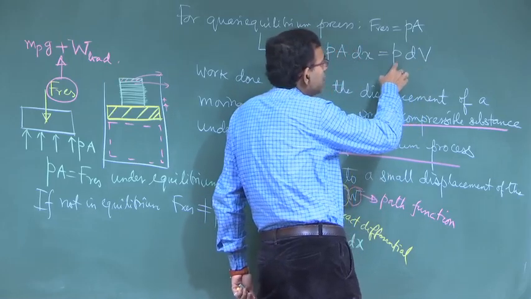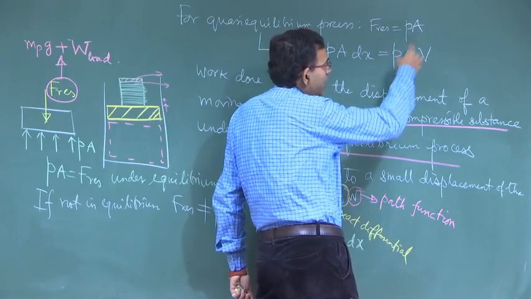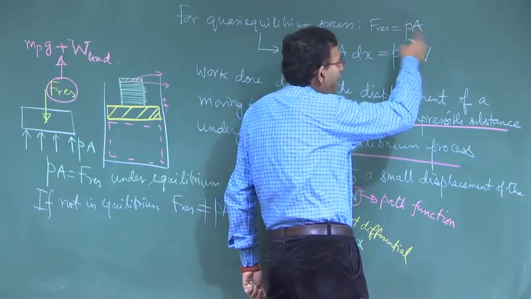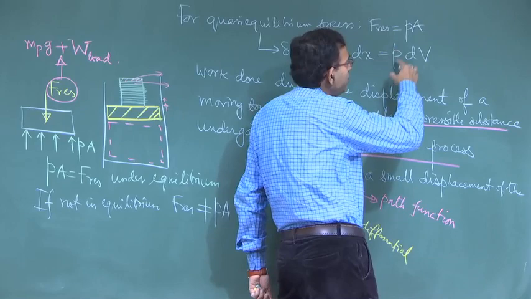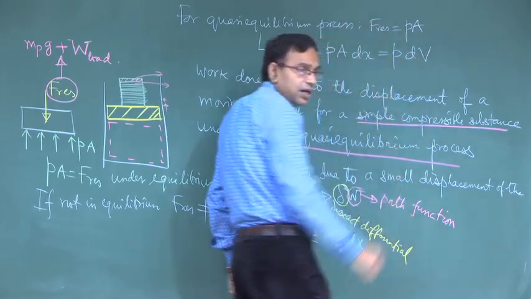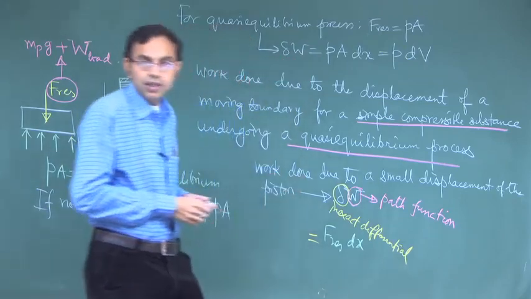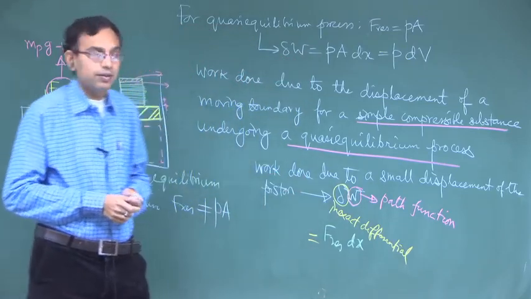So, it does not just matter what is state 1 and what is state 2, but also the path by which you go from state 1 to state 2, that is given by P as a function of V or V as a function of P. That function decides what will be the work done. So, this is number 1.